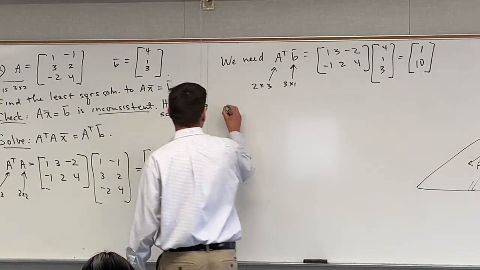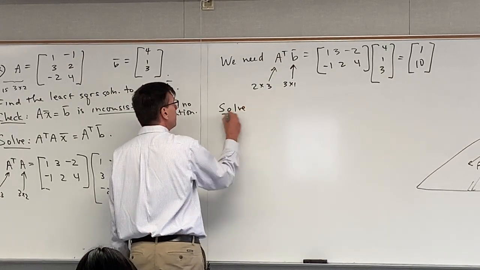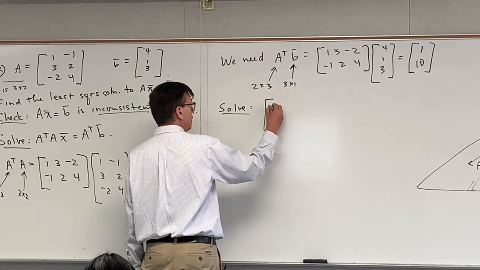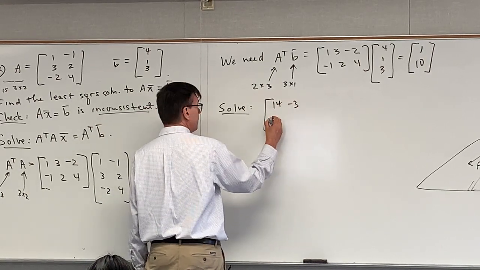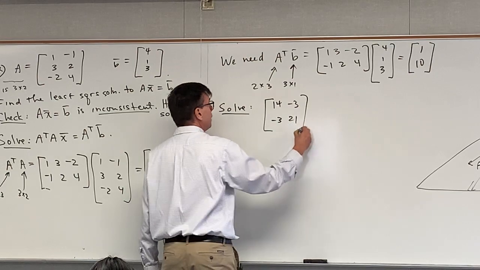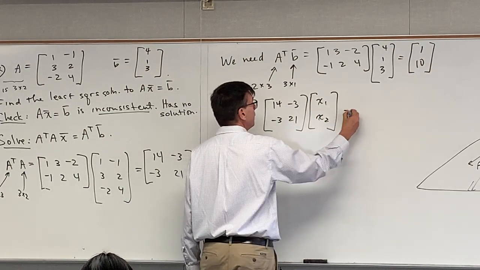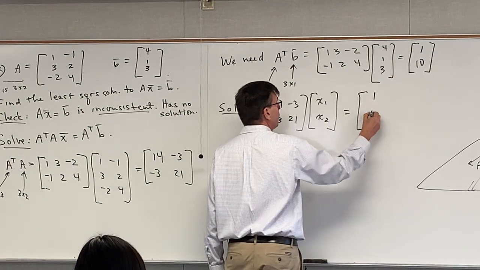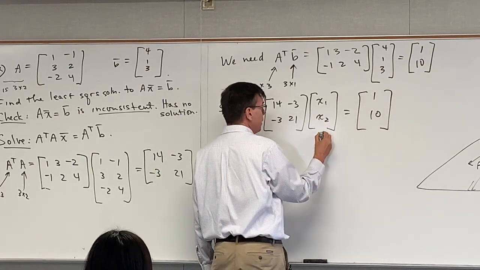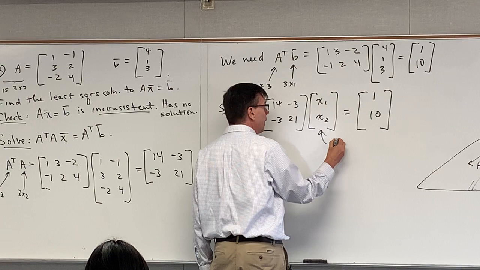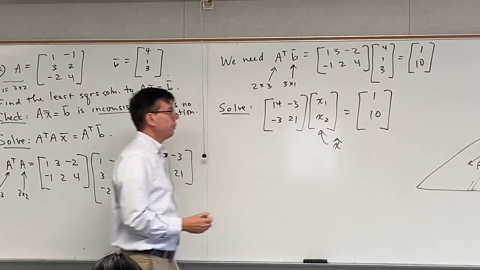So we want to solve 14, negative 3, negative 3, 21, times x1, x2, equals 110. This will be our x hat solution. That's what we're looking for.